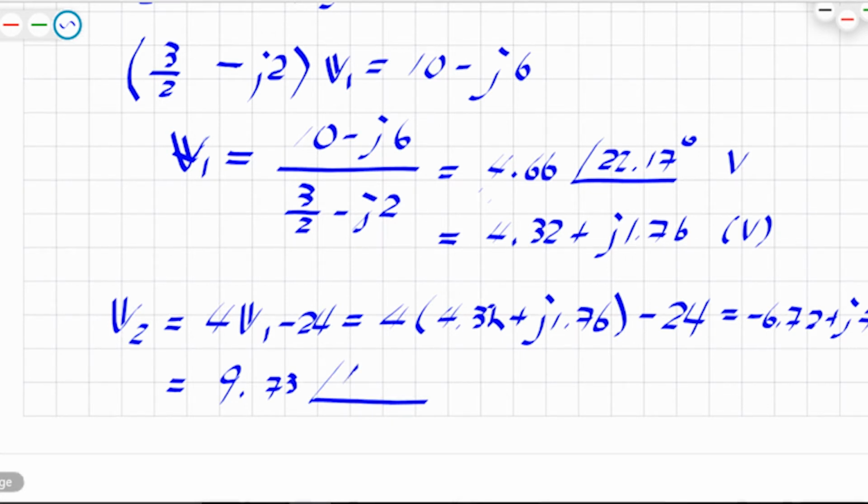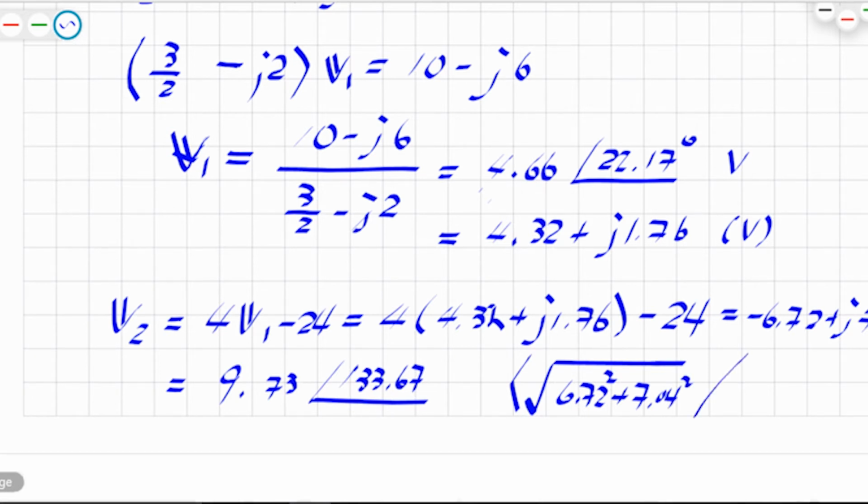times the phase angle, which is 133.67. Once again, just a reminder, the magnitude is the square root of the real part, which is 6.72, squared, plus the imaginary part squared.